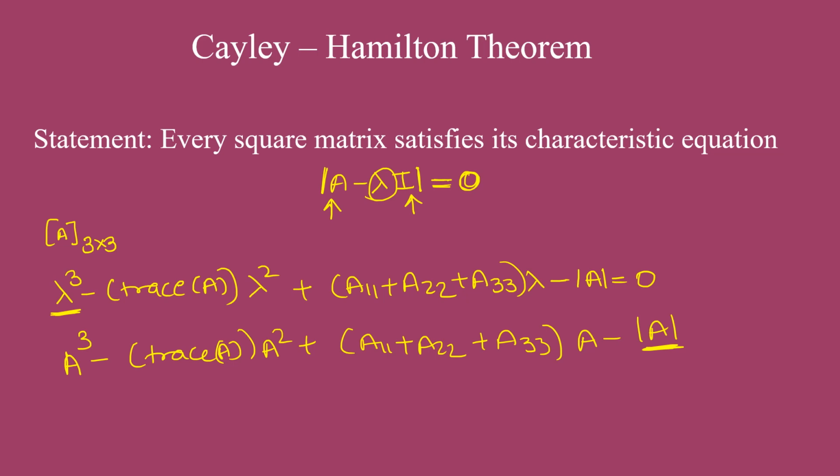So here it has to be a matrix. So I am multiplying the scalar value with an identity matrix is equals to null matrix. So statement says that characteristic equation is going to be satisfied by my matrix A. So I have replaced here lambda by matrix A over here, and still it is going to be satisfied.